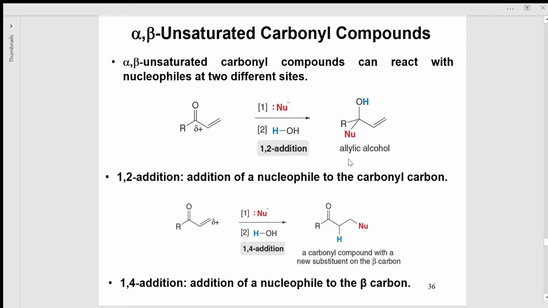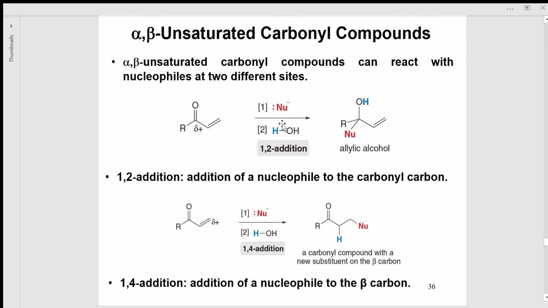The first one is the nucleophilic addition reaction. Basically, this is called a 1,2 addition. In this case, you don't have to consider the 3,4 position. The nucleophile is going to attack this carbonyl carbon, forming an oxygen anion, followed by protonation of the oxygen anion to form an alcohol.